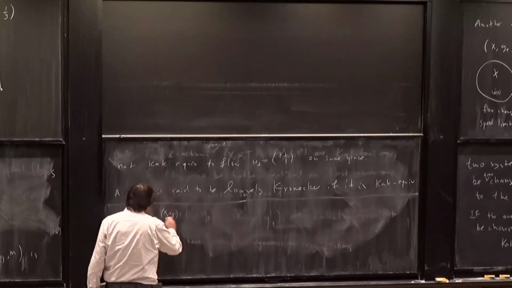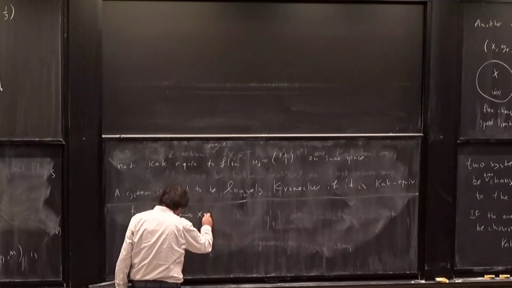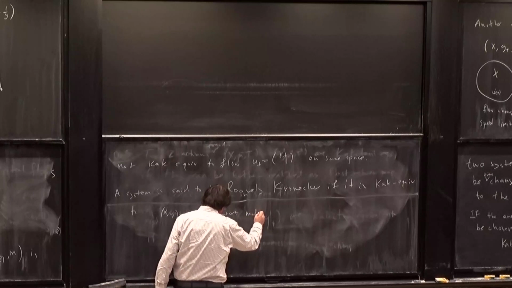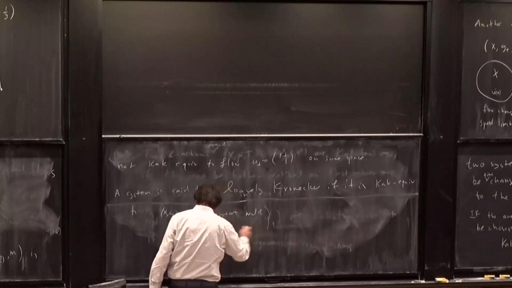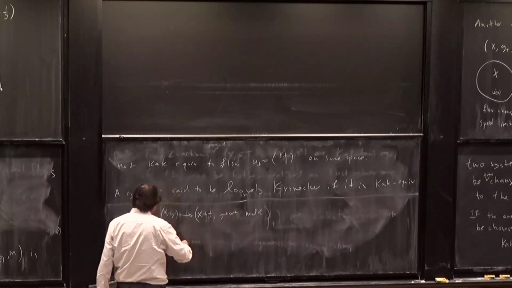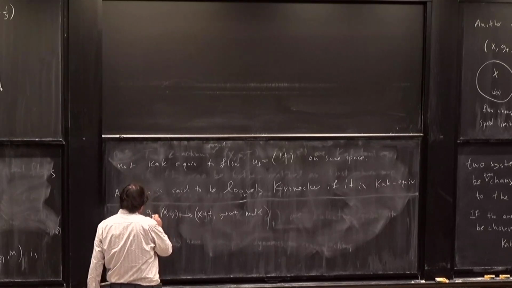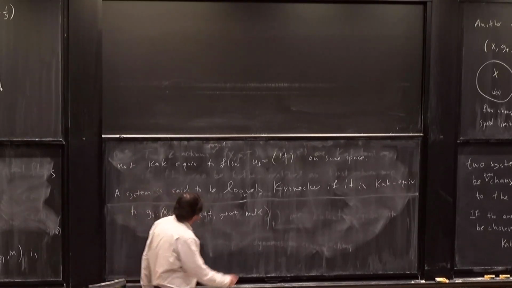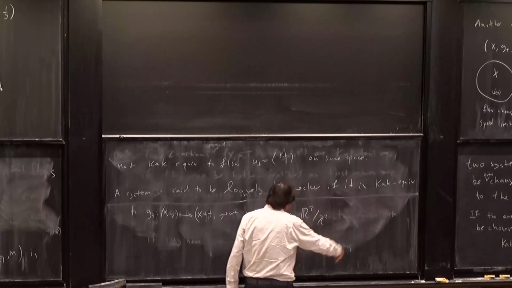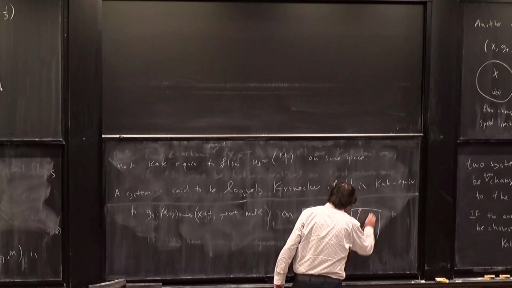So you have (x, y) goes to (x plus t, y plus alpha t), modulo 1. I guess both coordinates are modulo 1. This is, let's call it g_t, on R squared modulo Z squared. So you have a straight line flow on a torus in an irrational angle.